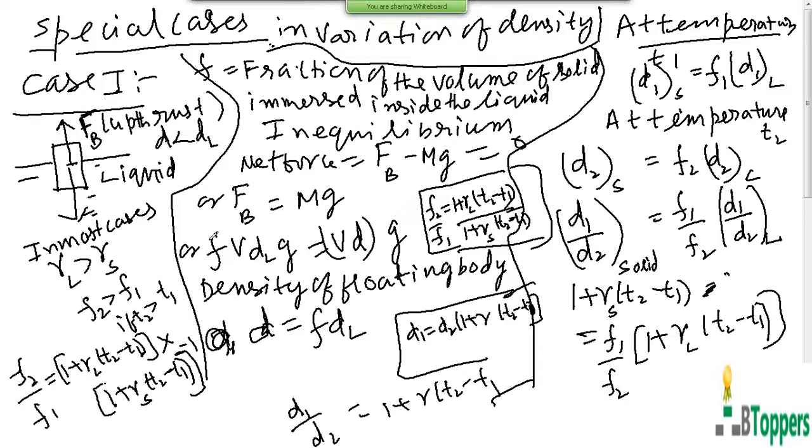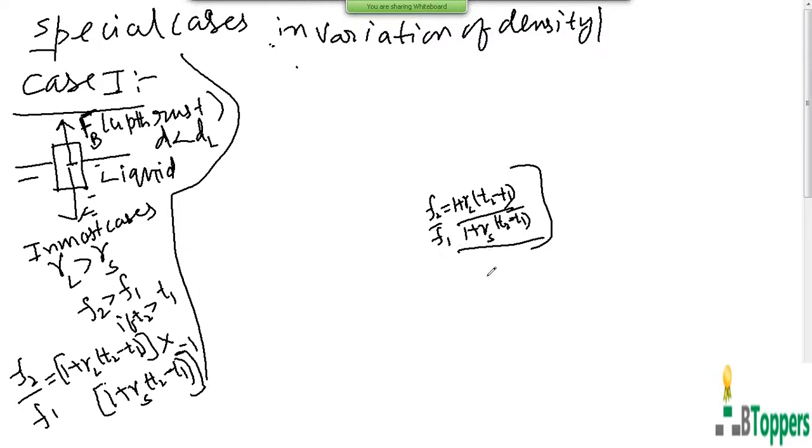So you can write here F2 by F1, as I told you, 1 plus gamma for liquid into T2 minus T1 by 1 plus gamma for solid into T2 minus T1.